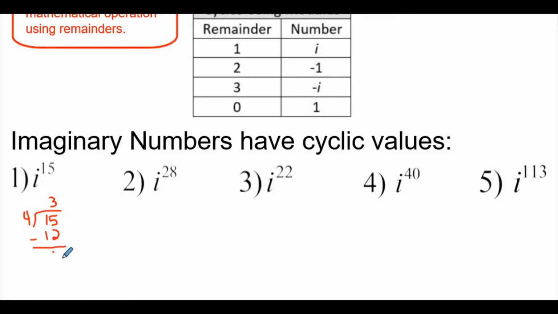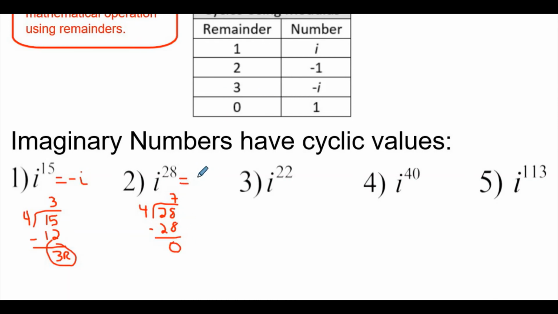We look at the remainder is 3. So if this is our remainder, it tells us to go here, so this equals -i. So the 28th power, again, we're dividing by 4 because there are 4 different ways that i can turn out. It goes in there exactly 7 times. And when that happens, that means that we have a remainder of 0.